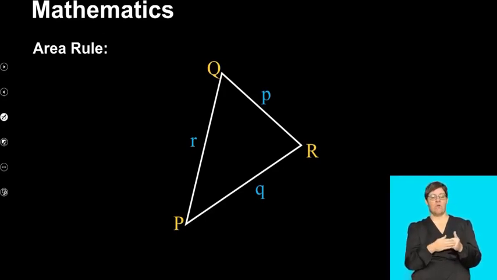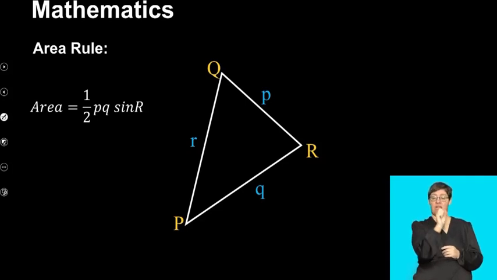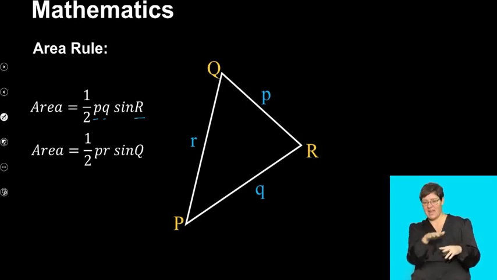Here's another triangle, PQR. Can you guess what the three versions will be for this triangle? Pretty simple, right? First one, area of triangle PQR will be half pq sine R. Can you guess the second version? Let's see if you got this right.